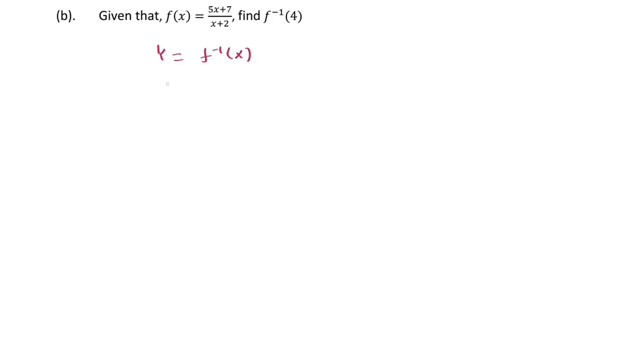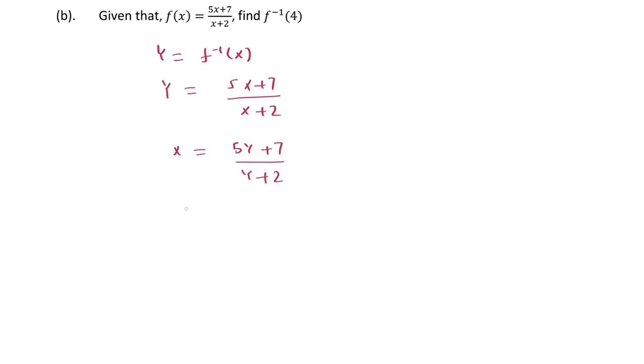Then our equation is going to be y equals 5x plus 7 over x plus 2. Next we are going to interchange the variables x and y. Then our equation is going to be x equals 5y plus 7 over y plus 2.